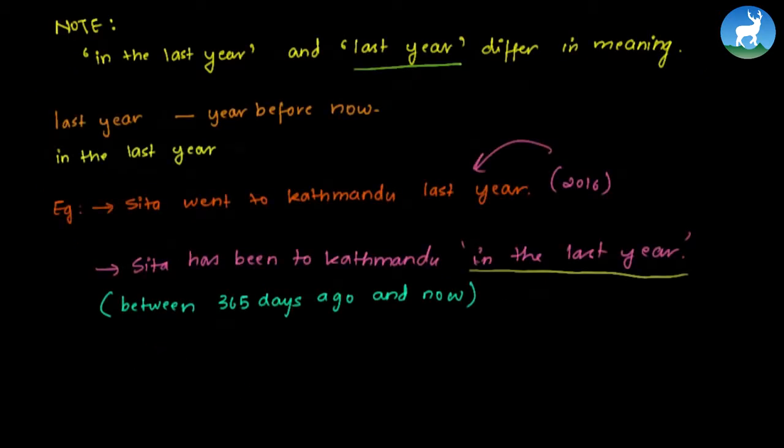And finally, the difference between "in the last year" and "last year," which is a little bit tricky. "Last year" means a year before now, and "in the last year" means a time point between a year ago and now. So by knowing these forms of the present tense, you can describe an object and a place.